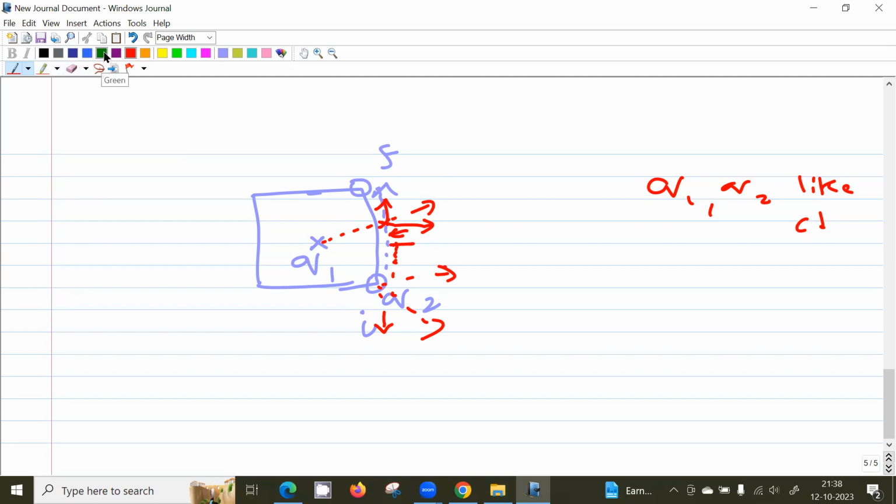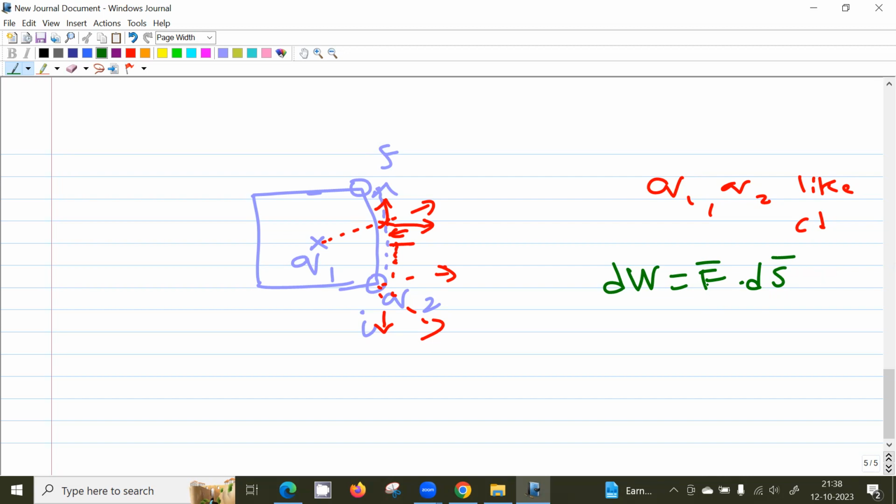Any idea? Work done to move in a small displacement: dW is F dot ds, where F is the force I have to apply to make it move through a small displacement ds. This is class 11.